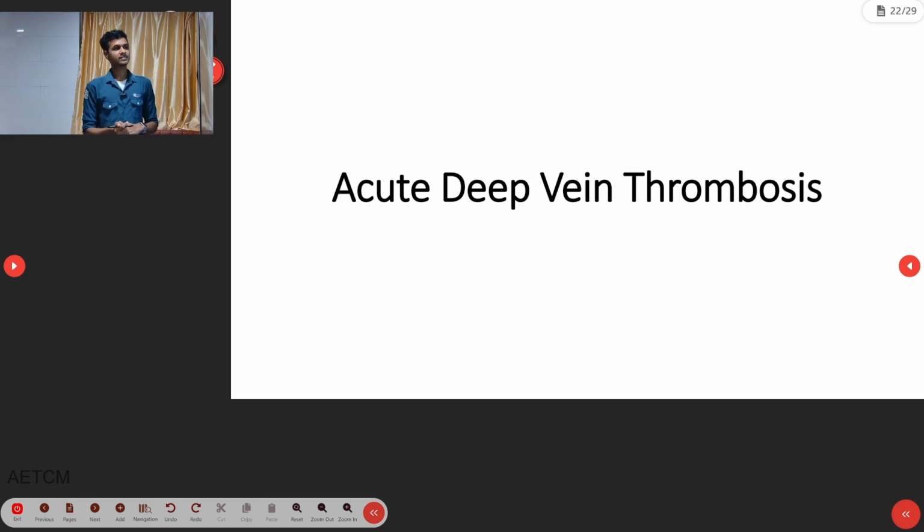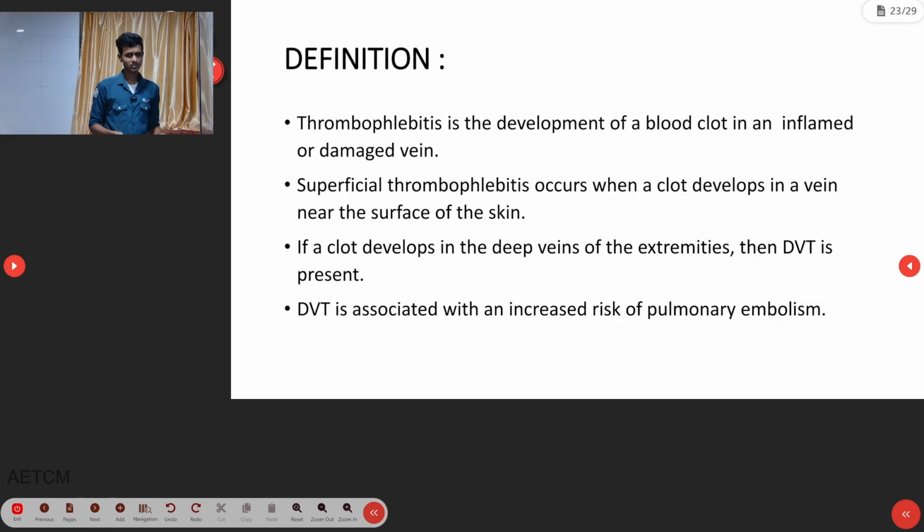The third condition is deep vein thrombosis. Thrombosis means a localized blood clot. When a clot develops in the deep veins of the extremities, that is called DVT, acute deep vein thrombosis.